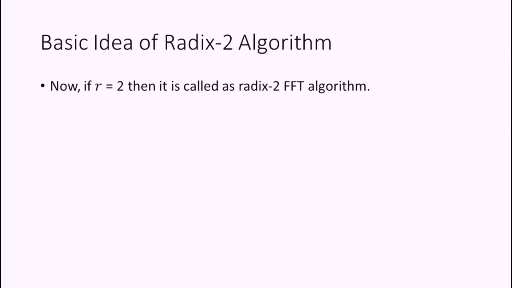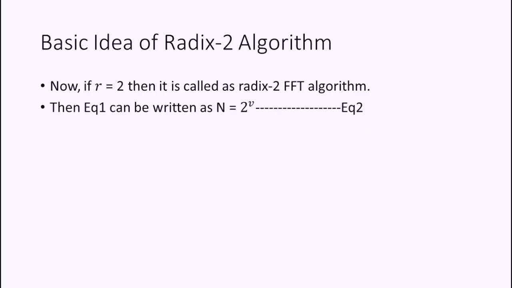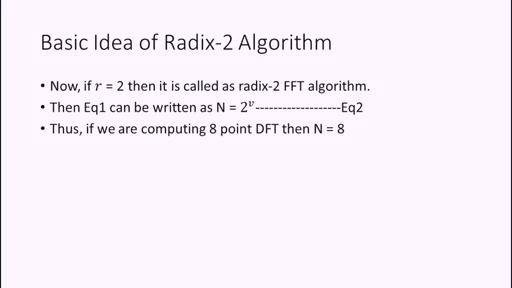Now if R = 2, then it is called Radix-2 FFT algorithm. Then equation 1 can be written as N = 2 to the power v. This equation is termed as equation number 2.